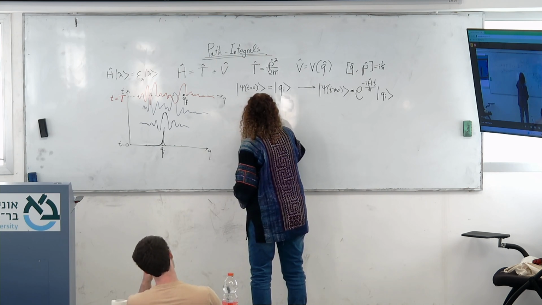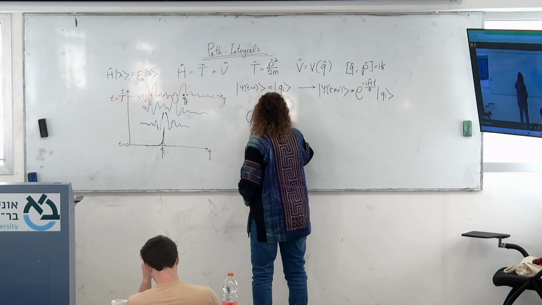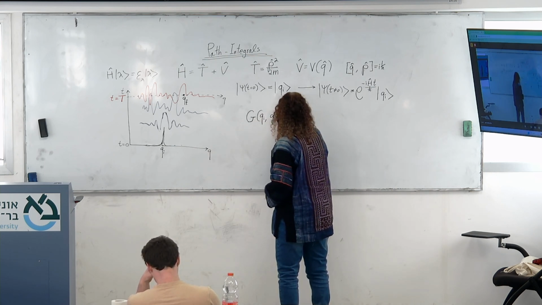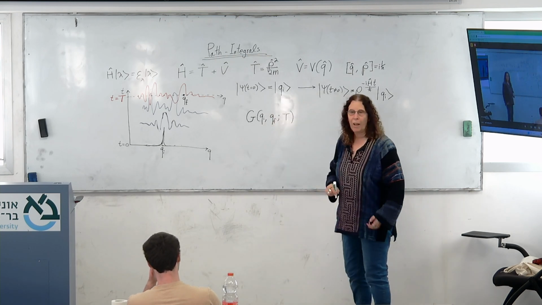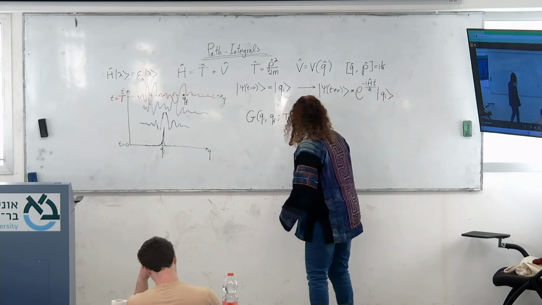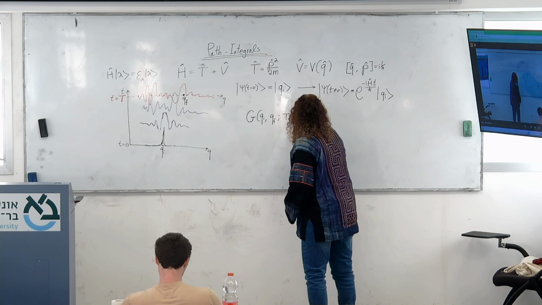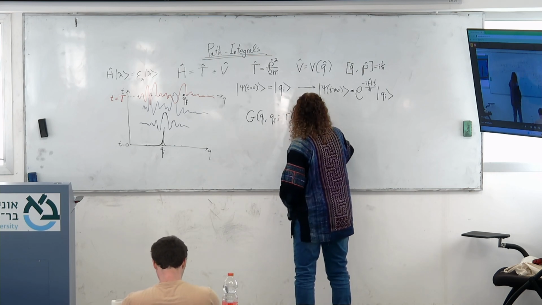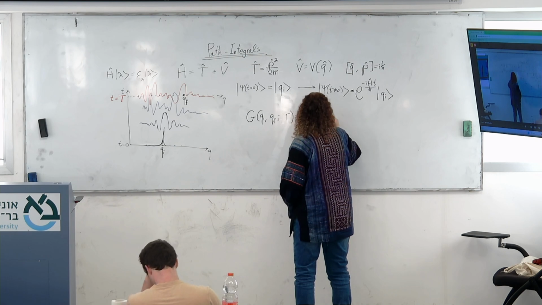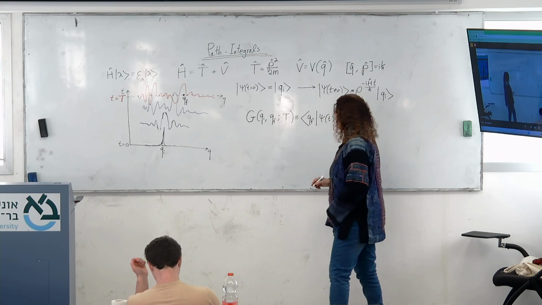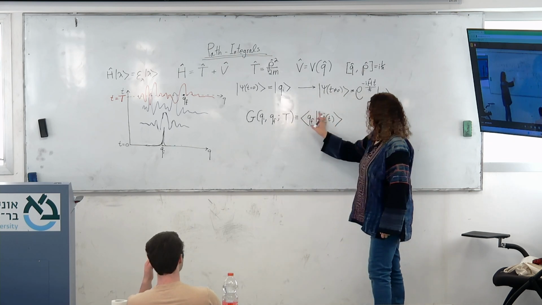I define here a function g of qi, qf, and the time that elapsed from the initial condition. And this is going to be the projection of the state psi of t on qf. And it's just the amplitude.